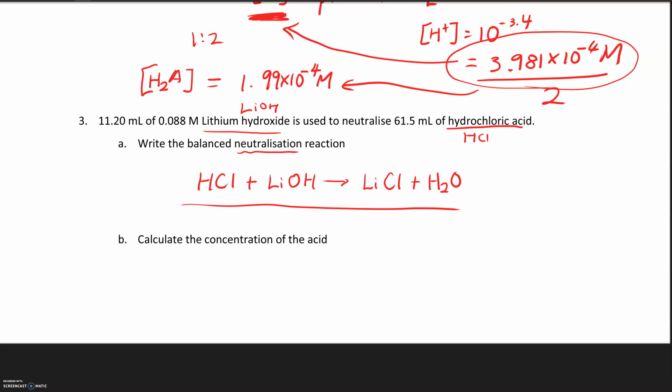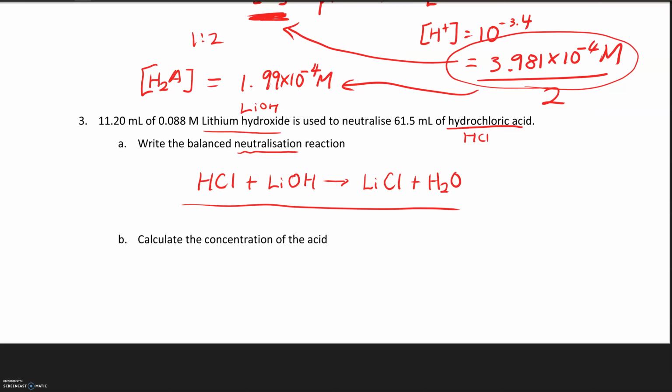Now, part B, it says calculate the concentration of the acid. Now, there hasn't been much information given to us, but we have enough information to figure this out.